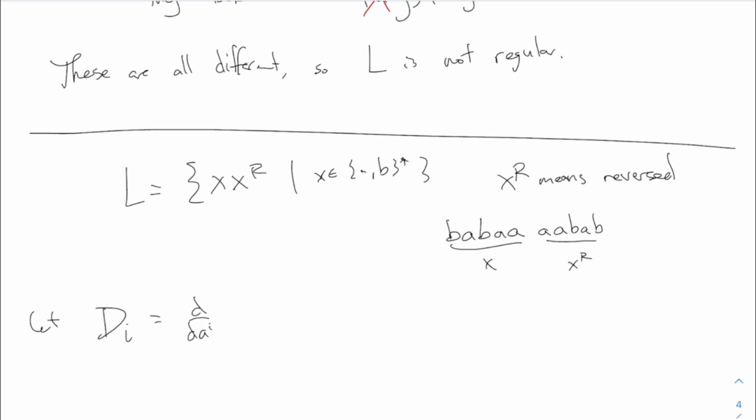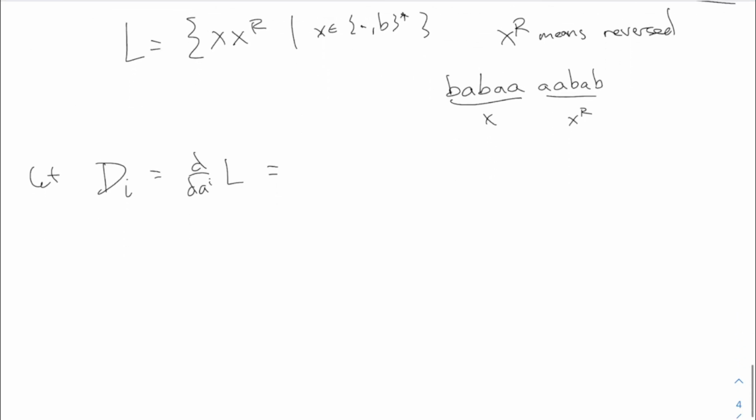Derivative with respect to a to the I of L. And then what is that going to be? Again, we have to think about strings of this format which begin with a to the I. So strings in L which begin with a to the I look like, well, they have a to the I first.